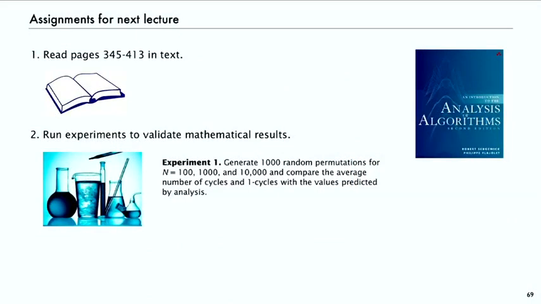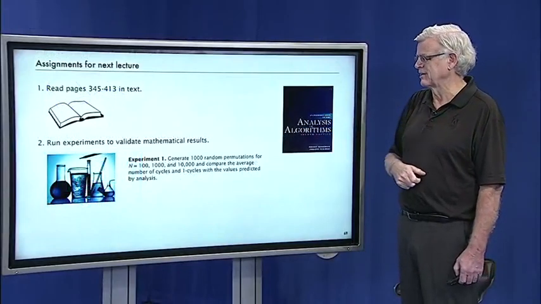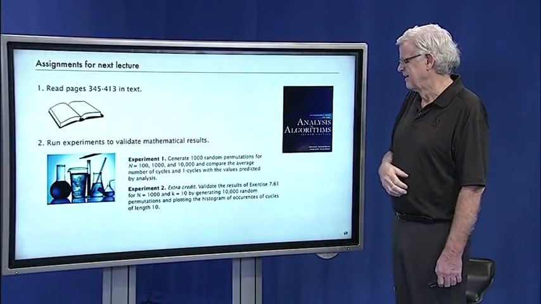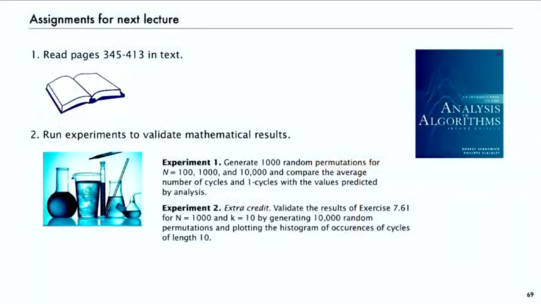And it's easy to generate random permutations, so why not do it to check that, say, the average number of cycles or the average number of one cycles in a random permutation agree with the results predicted by our analysis. And even for the distribution of cycle length, it takes more computer cycles to study cycles, but it's worthwhile to run experiments to validate these things always.